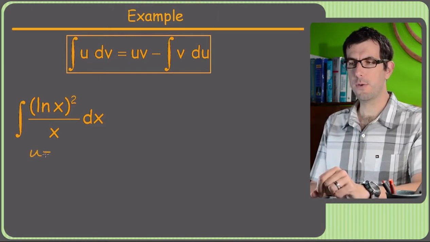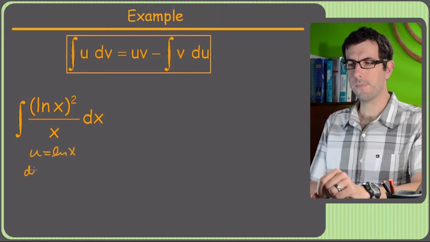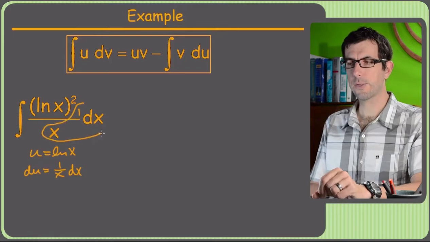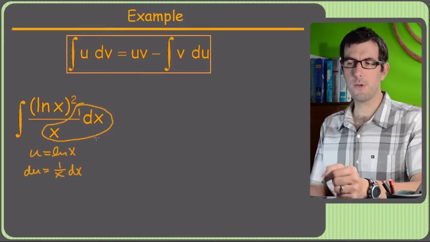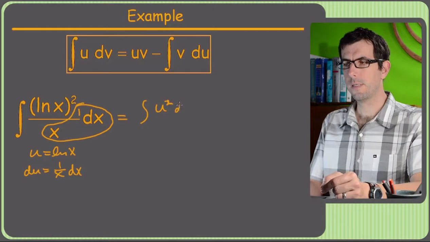So let's just try making u equal to ln of x. And then our du will equal 1 over x dx. Oh look, I've got a 1 over x dx. So I've already got my u sub set up perfectly. My du and my u already match. So there's just the integral of u squared du.